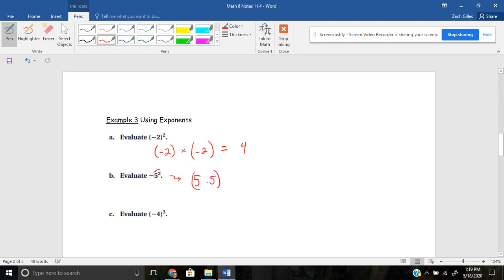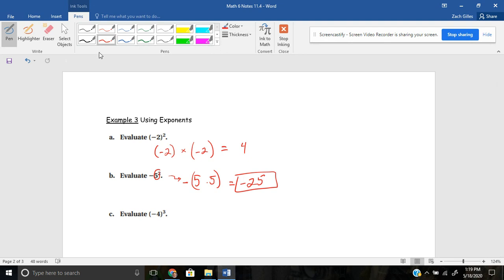That's what this shows. And then the negative goes on the outside of that. So 5 times 5 is 25, but it's going to be a -25. You just kind of bring that negative along for the ride.